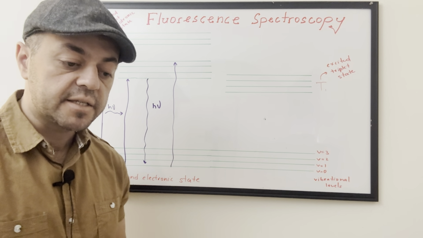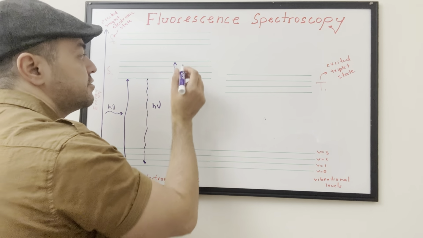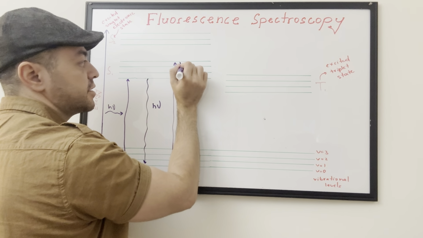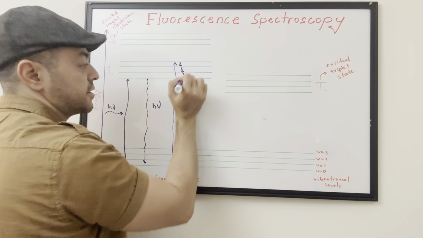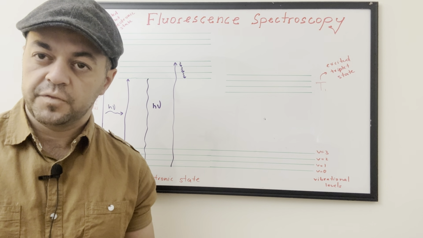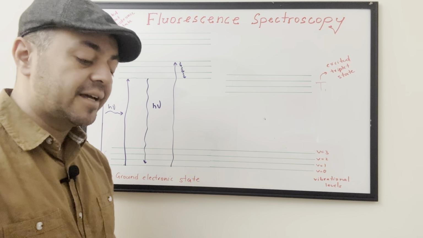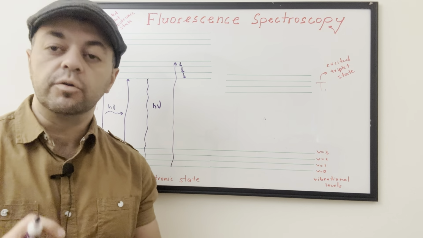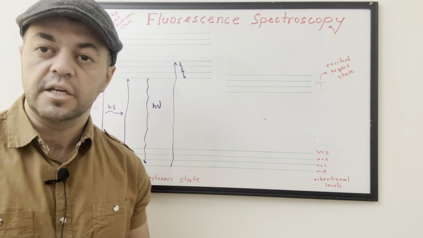What happens is the molecule loses energy. When it loses energy from the vibrational state, it steps down from here to here, and from here to here, and then from here to here. We call this vibrational relaxation. It loses its energy as heat during this vibrational relaxation, and you don't see any molecule on the microscope or any emission yet.